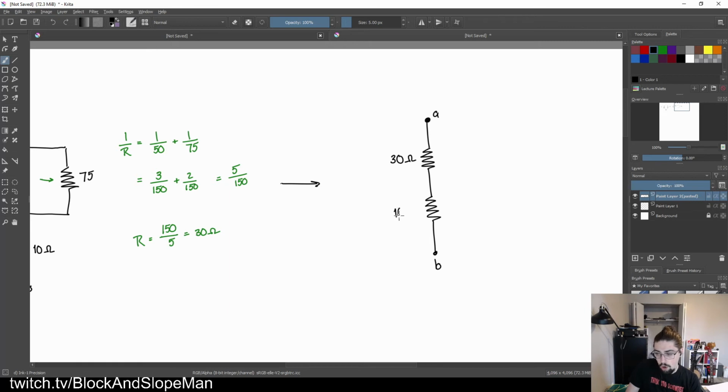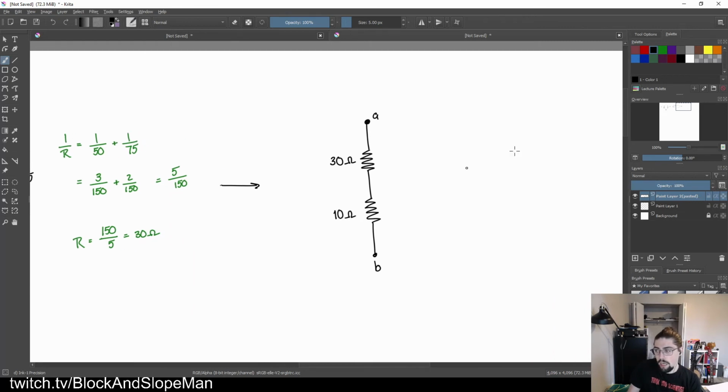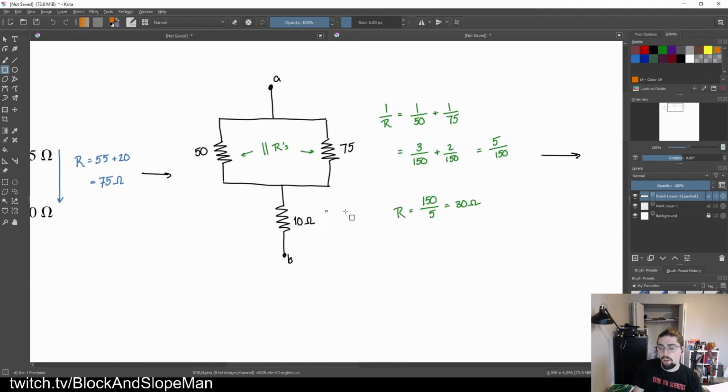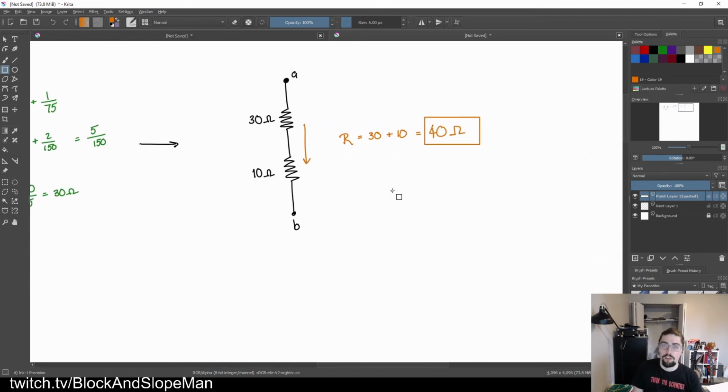This was 10 ohms, for a total resistance of 40 ohms. And that's it. That's the equivalent resistance. This entire thing simplifies down to one resistor with 40 ohms of resistance.